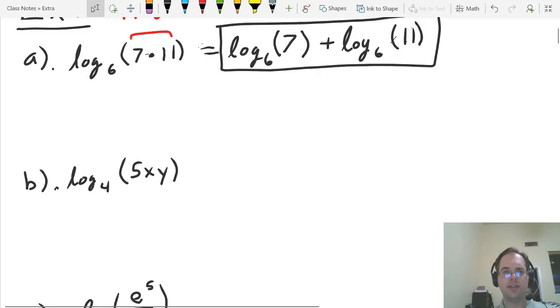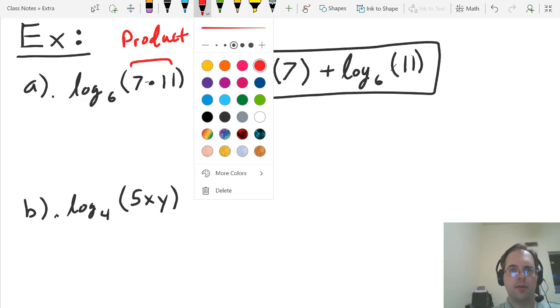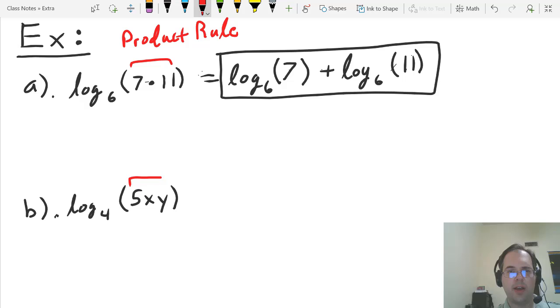Now let's look at this next example where we have log base 4 of 5xy. Okay, so here you've got three different things multiplied together. So we're going to use the product rule again, just like we did in the last one. But I've got to split it up into three different pieces, one for each of the things that are being multiplied on the inside.